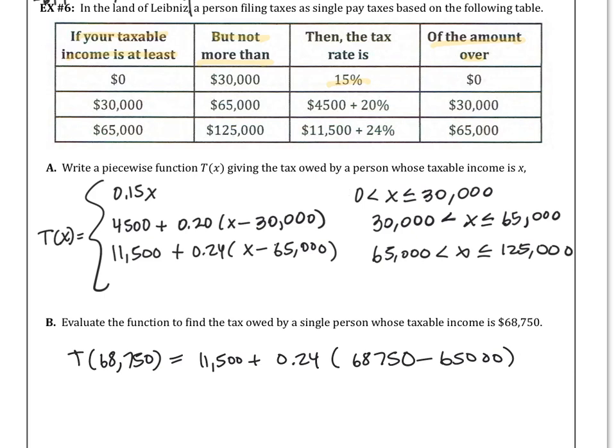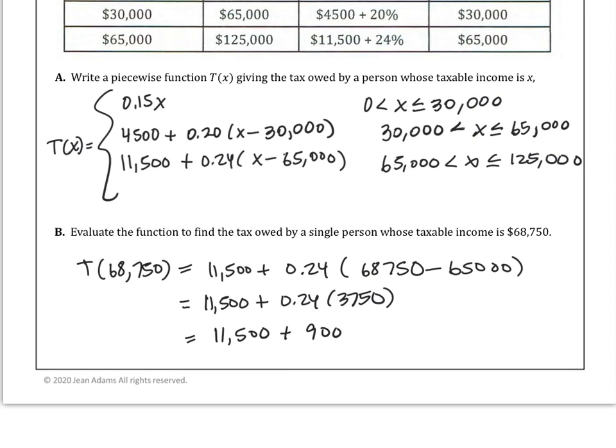It's got to be what's over that. So 11,500 plus 0.24 times 3,750, which ends up being, what's that, 900? So that gives us $12,400 in taxes.